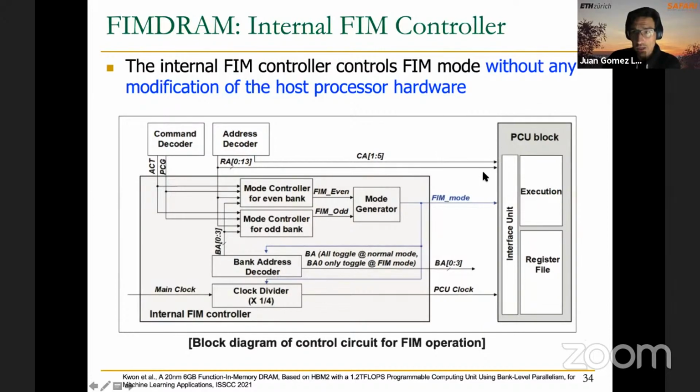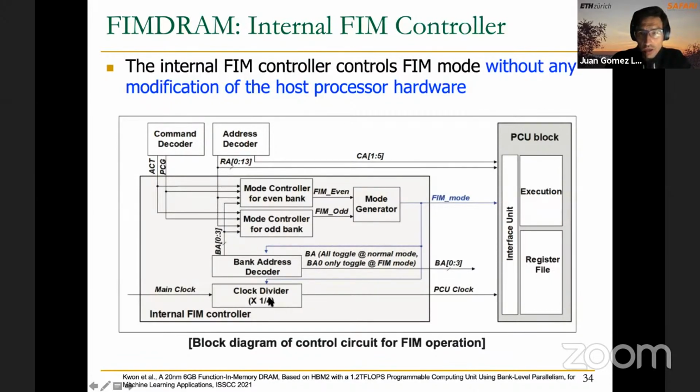This is the unit that we are going to discuss in more detail, that is composed by an interface unit, an execution unit, and a register file. Inside the internal FIM controller, you can see that it receives the commands from the memory controller, and it also receives the addresses from this address decoder. We have column addresses here, row addresses here, and bank addresses over here.